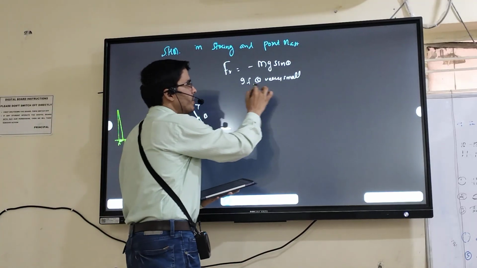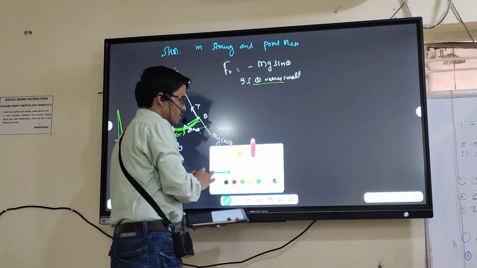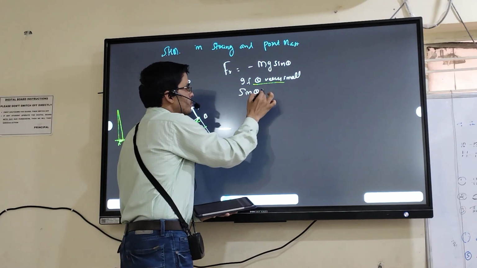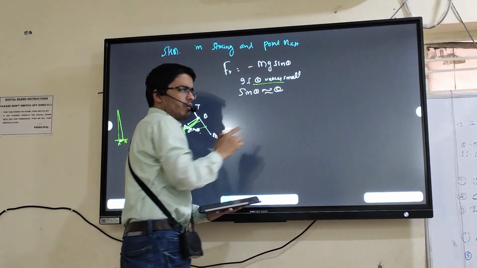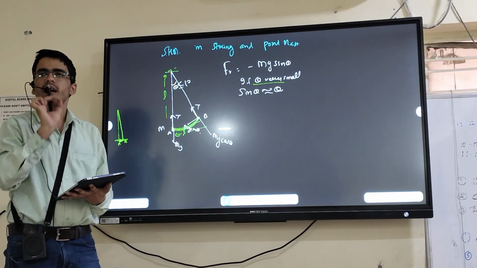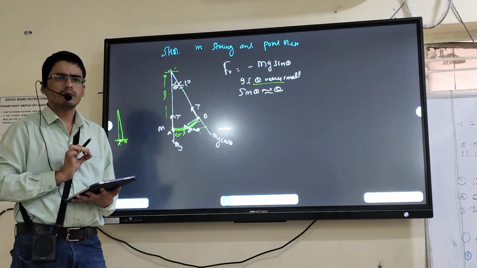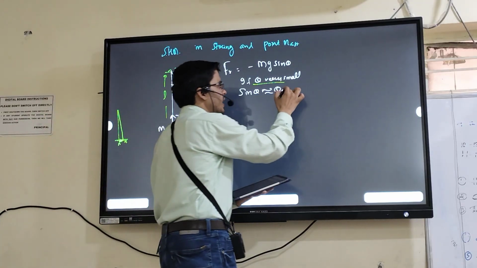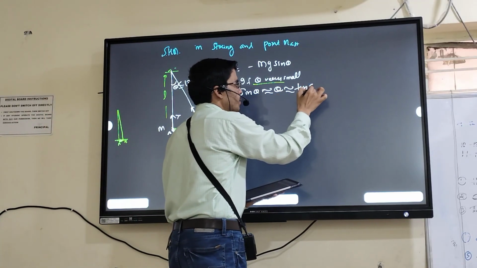If theta is very small, you know sin theta equals theta only. Sin theta behaves like theta, and also like tan theta.